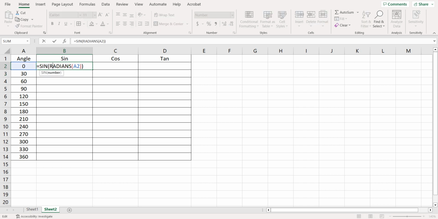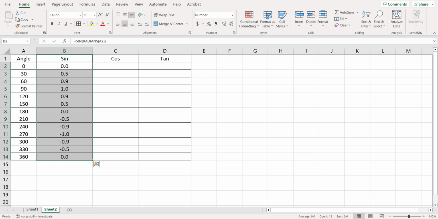As you can see in this equation, the radians function is converting the angles to radians, and then the sine function is converting those radians to the actual value. Okay, so you can copy this equation to all the other cells to get the values.